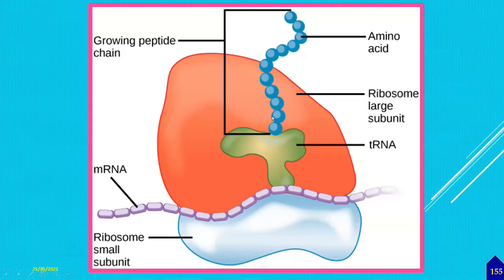All these are the amino acids, and this is a growing peptide chain, because the mRNA will code the different amino acids and form the ribosome larger subunit. So the transfer RNA or tRNA is the one which actually synthesizes the bacterial proteins, whereas the mRNA is the one which decides which type of amino acids are required for the bacterial cell membrane or the bacterial structure.